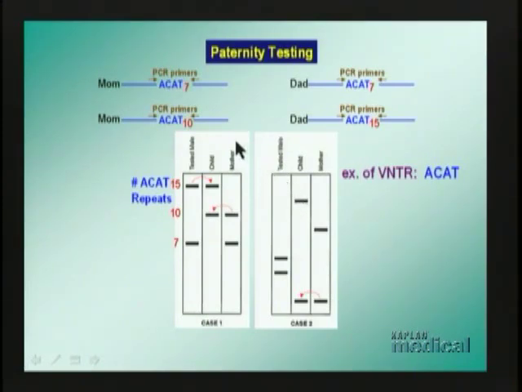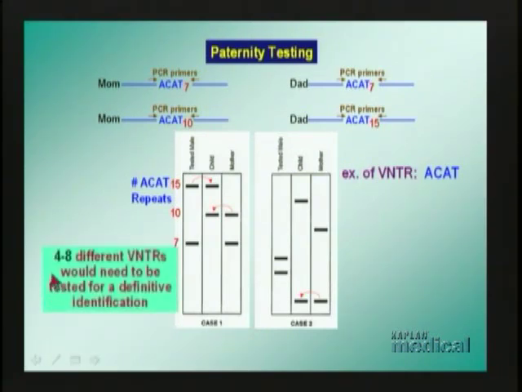So now let's assume you get the situation shown here on the left, where a band did come from the mother, and another band did come from the tested male. The conclusion there is the male could be the father of that child. So how do you get rid of the verb "could be" to "is the father" of that child? The way that's done is 4 to 8 different VNTRs would have to be tested for a definitive identification. So this is one VNTR, ACAT, but 4 to 8 different sequences of DNA would have to be tested.